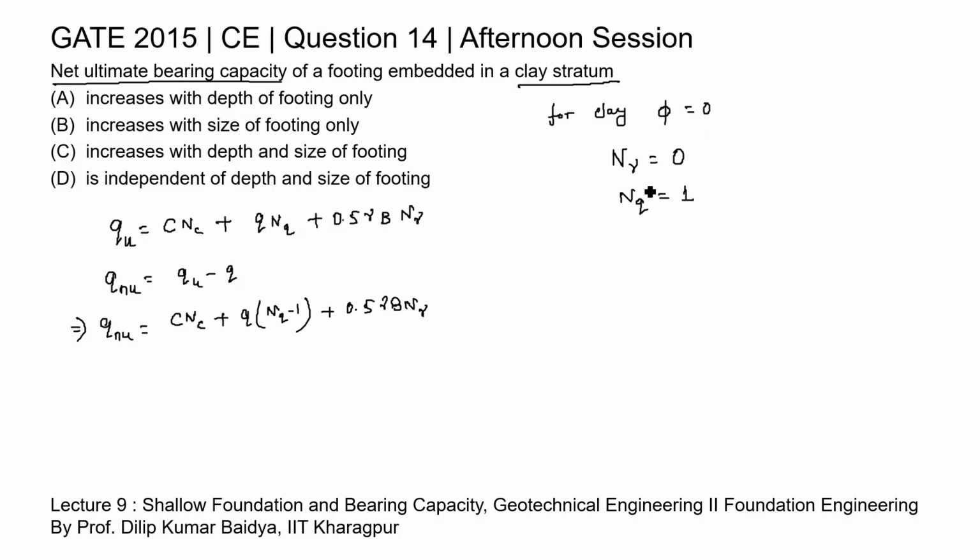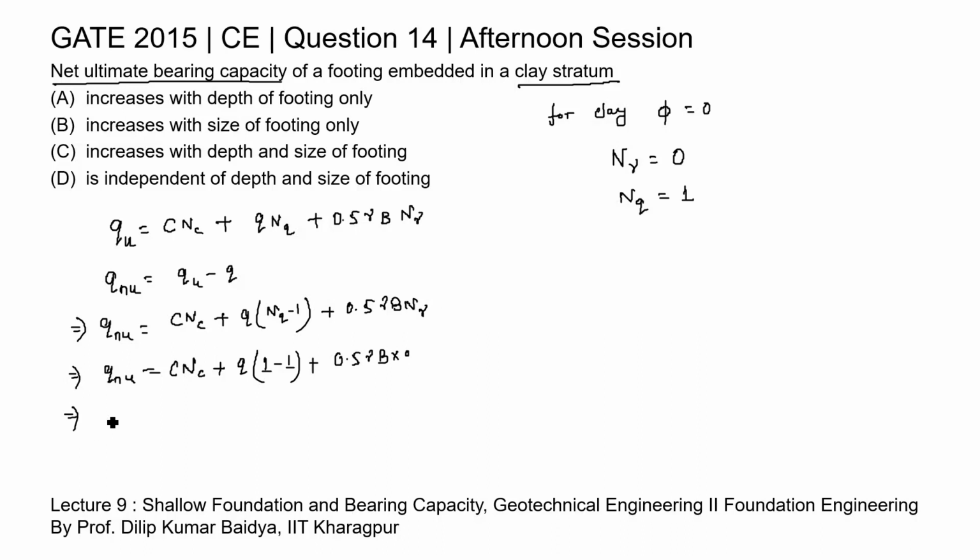Now, put the value of these bearing capacity factors in this equation, we will get qnu = cNc, and Nc will have some value, plus q into Nq which is 1 for clay soil minus 1, plus 0.5γB into Nγ. So, Nγ is 0.